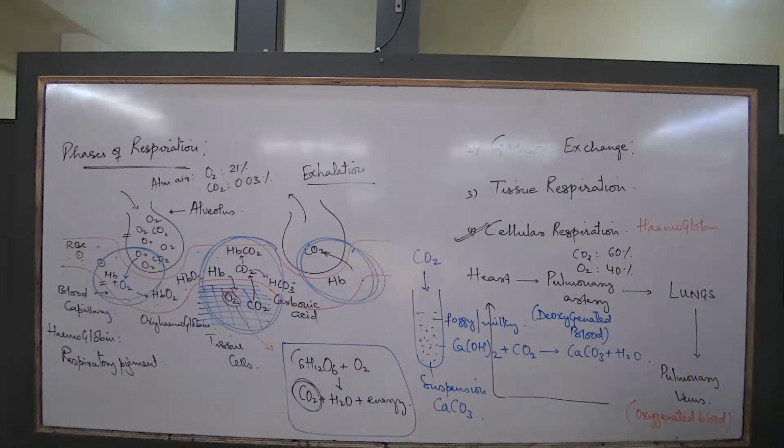Fermentation occurs in the presence of oxygen. False. Fermentation always occurs in the absence. Percentage of carbon dioxide is more in the exhaled air. True. Fermentation occurs in presence of carbon dioxide. No. So the correct option is C. Now go ahead with the rest of the questions.